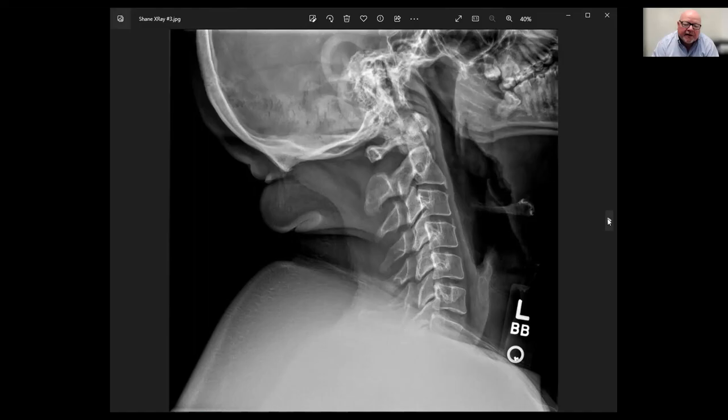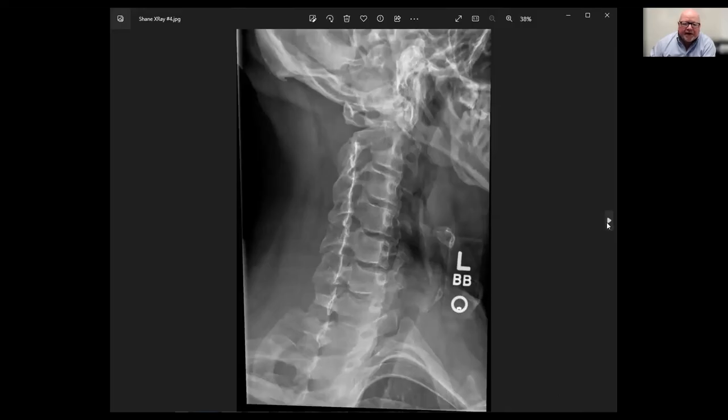So that's possible. That's greater than 1 millimeter. Looks like it's not going to be greater than 3.5. And then if we look at hyperflexion, hyperextension, is it greater than 7 degrees or 11 degrees without drawing lines and measuring them? We're going to say probably no. So let's hold off on that one too. Nothing really obvious except that maybe 1 millimeter translation on C5.